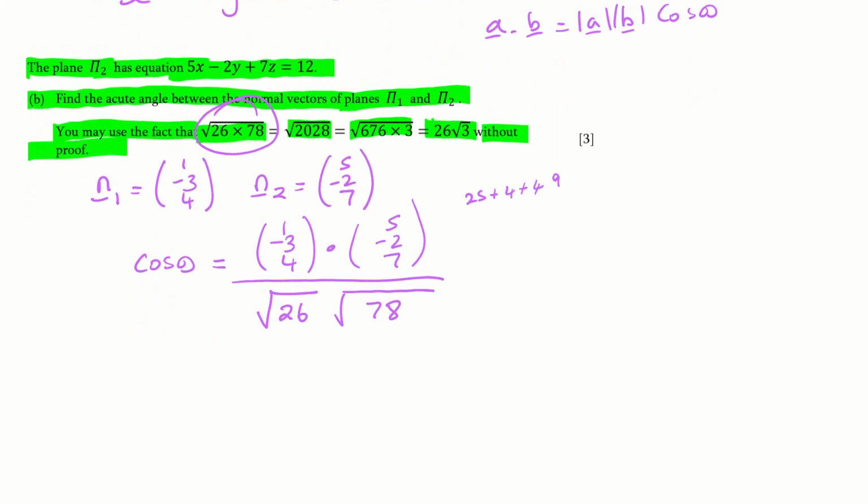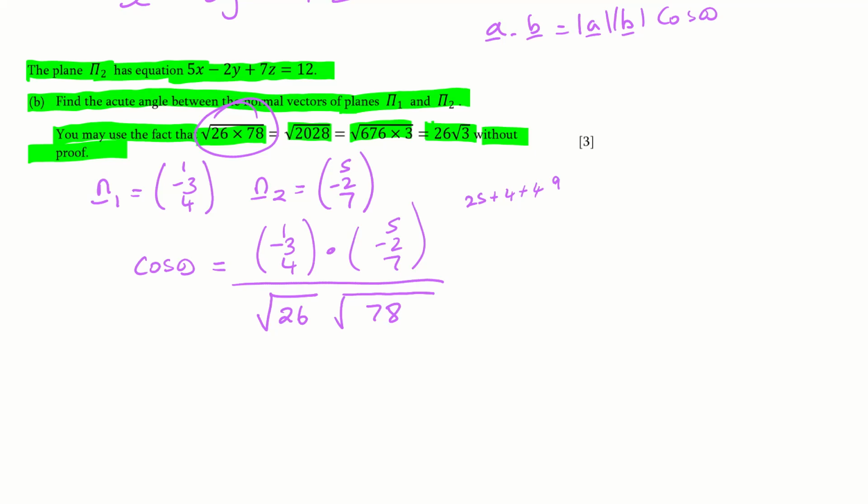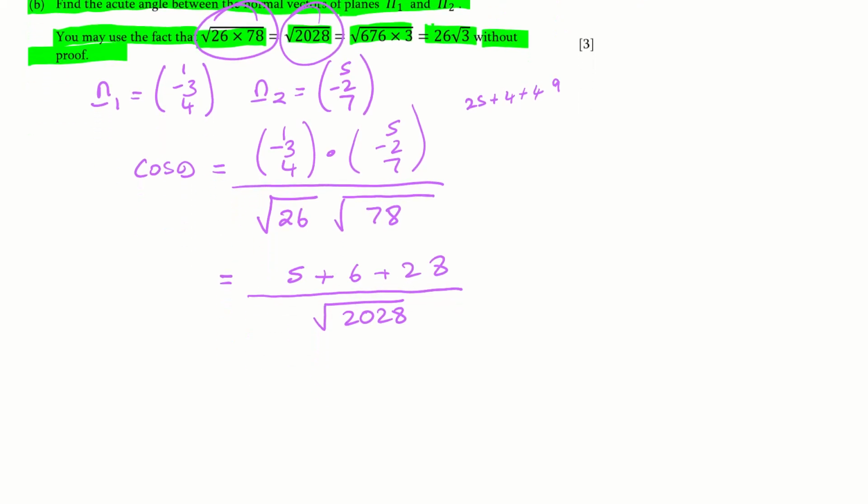So that is equal to 5 plus 6 plus 28 over root 2028, which is 39 on 26 root 3.